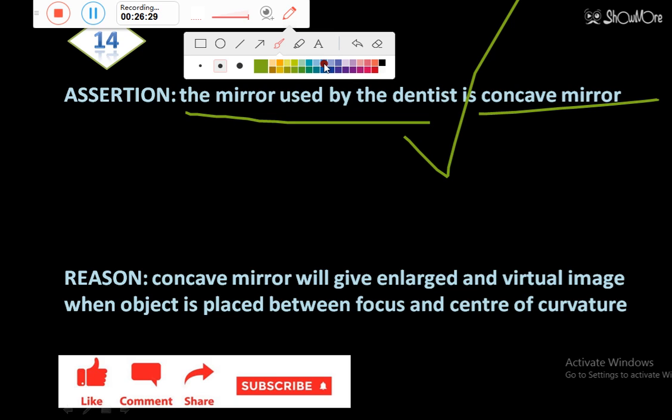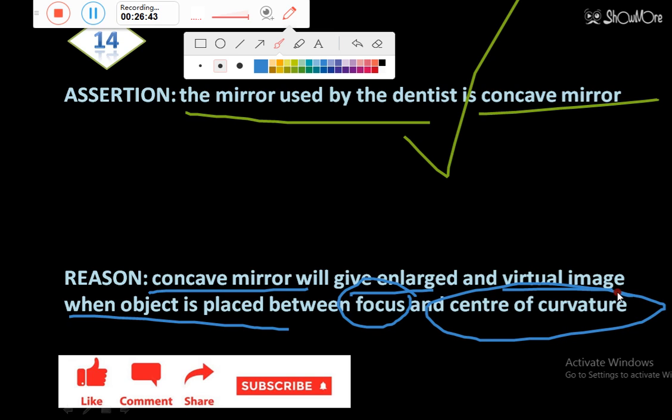Let's see the reason. The reason says a concave mirror will give an enlarged and virtual image when the object is placed between focus and center of curvature. So students, this is false, because the object will be placed between pole and focus.